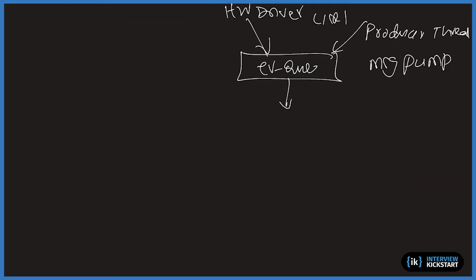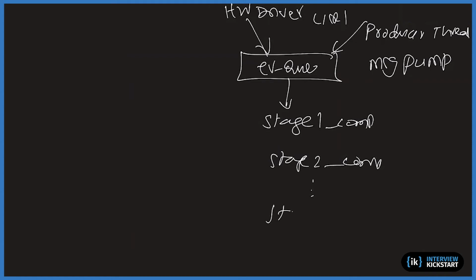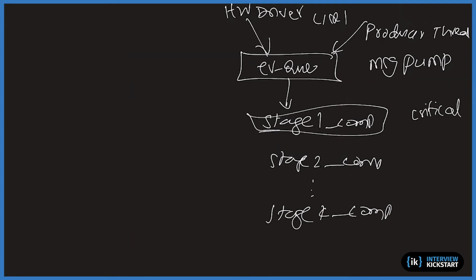Now it is also possible that you break your computation into stages: stage 1 computation, stage 2 computation, and so on, up to stage K. Stage 1 is expected to be the most critical, minimal computation that you need to do before you can go to stage 2.